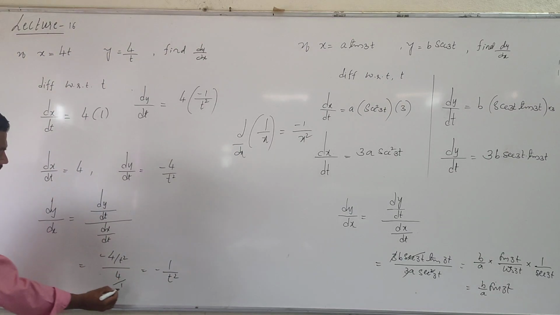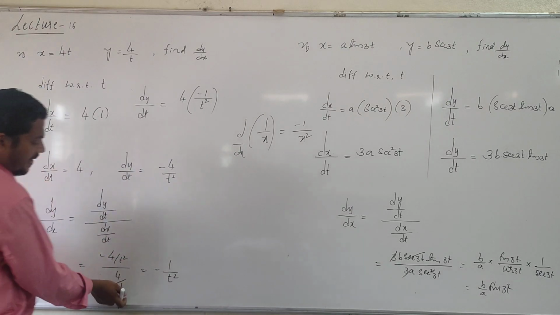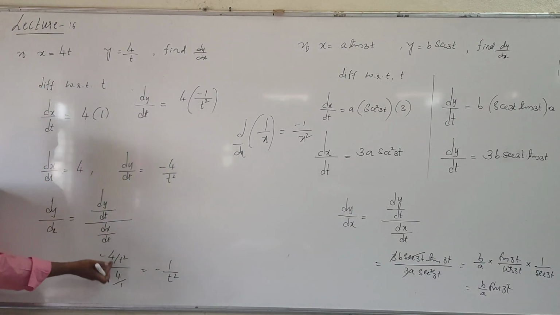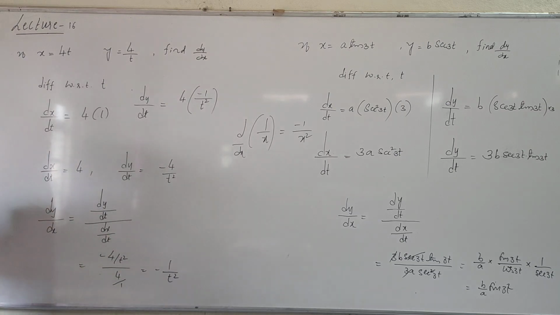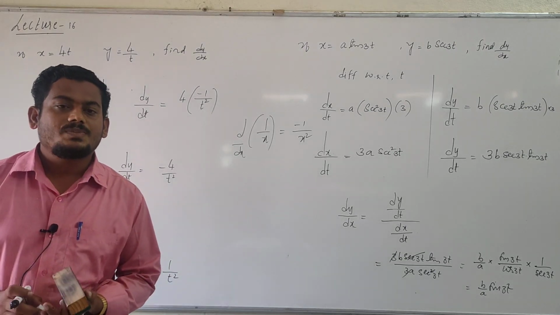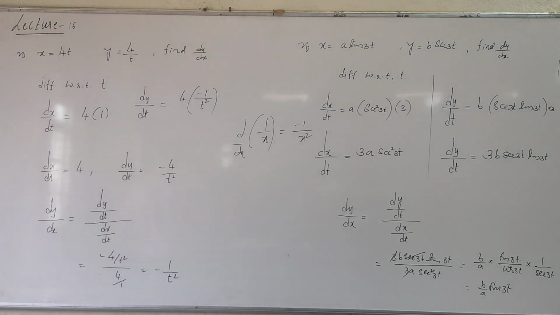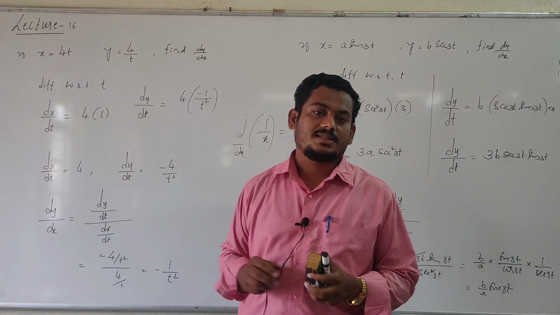Because here nothing is given, means 1. Denominator of the denominator becomes the numerator, means we can write minus 4 by t square into 1 divided by 4, 4 gets cancelled, lastly we get minus 1 by t square. It is one of the important 3-mark questions, right? And with this problem, I will stop today's class. Thank you.